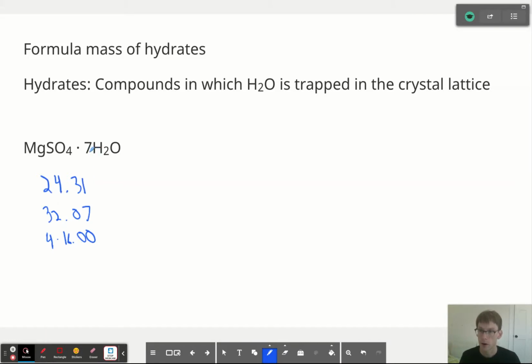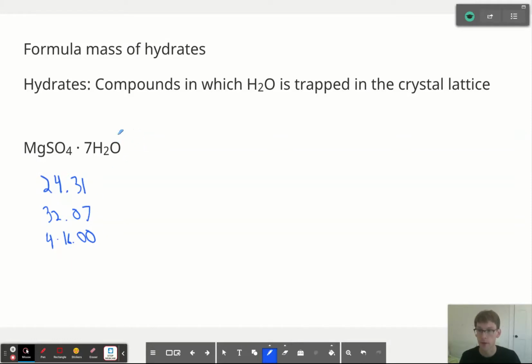And then we've got the water. There's going to be 7 waters. And actually, to make this easier for something we'll do later, I'm going to figure out the formula mass for water on its own and then add that in.